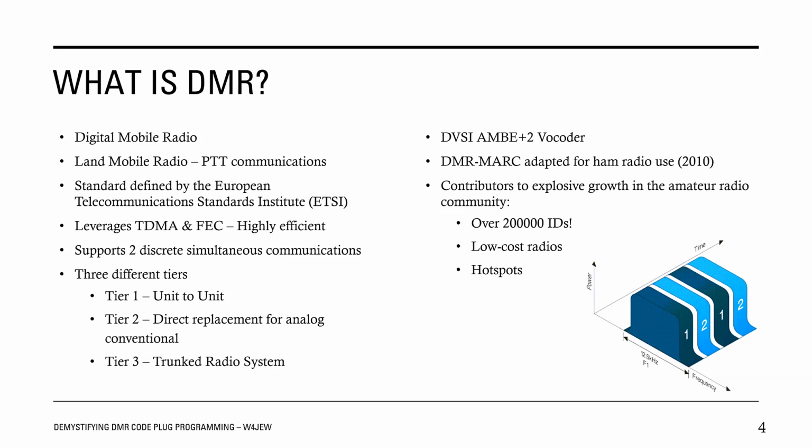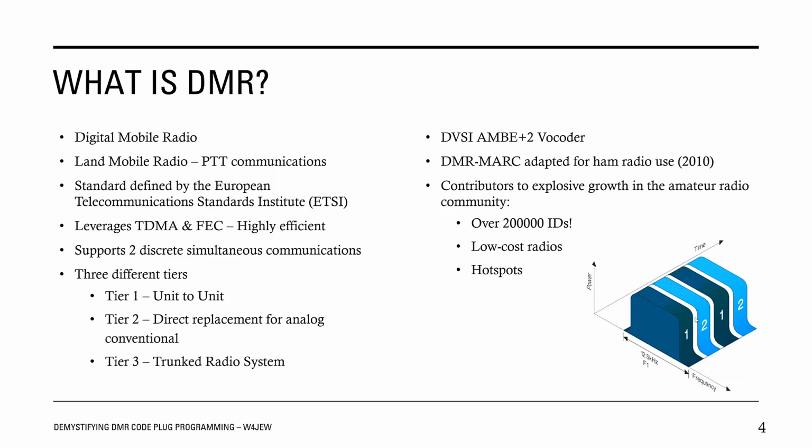DMR is a standard. As with most standards, there are vendor proprietary extensions, but at the core, DMR is indeed a standard. It leverages TDMA, which is time division multiple access.